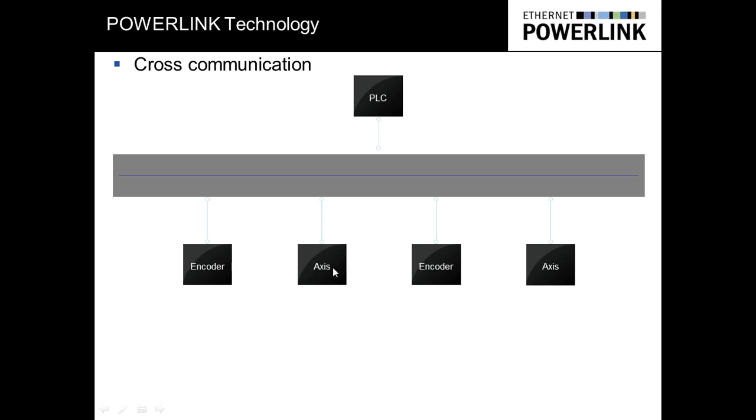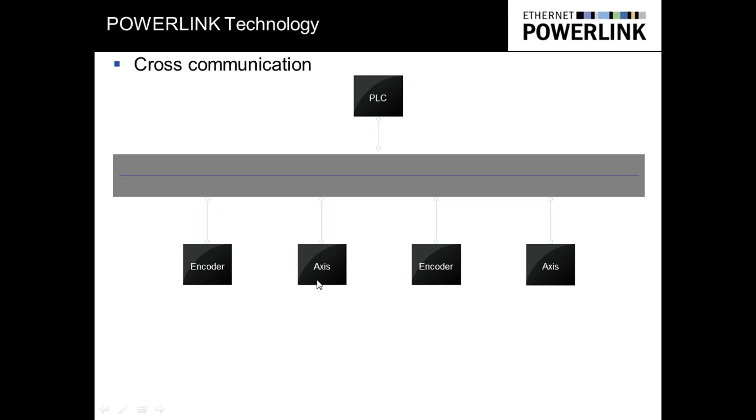But if there's an axis of motion here and it cares about this encoder, and if there's any kind of closed loop control, I might want the PLC to be aware of the encoder count, but I also want some other mechatronic system to also synchronize to that encoder. So when this encoder puts out its value, it's going to be seen by everyone else on the network.